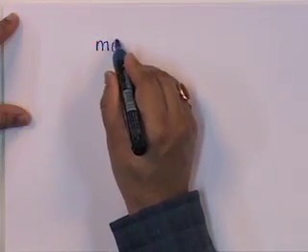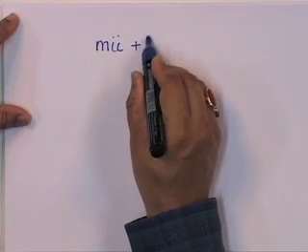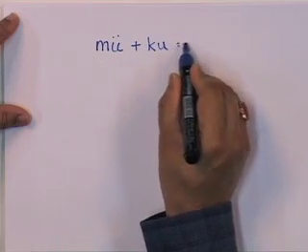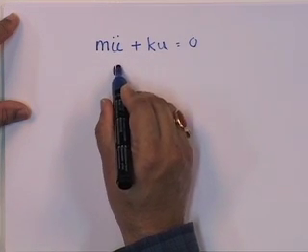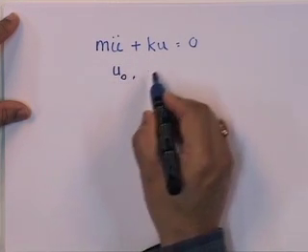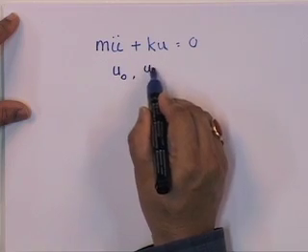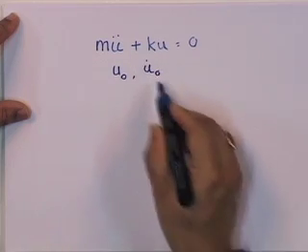Hello again. Just to review what we had done yesterday, we had tried to solve the free vibration equation subject to the initial conditions, displacement at time t equal to 0 and velocity at time t equal to 0.